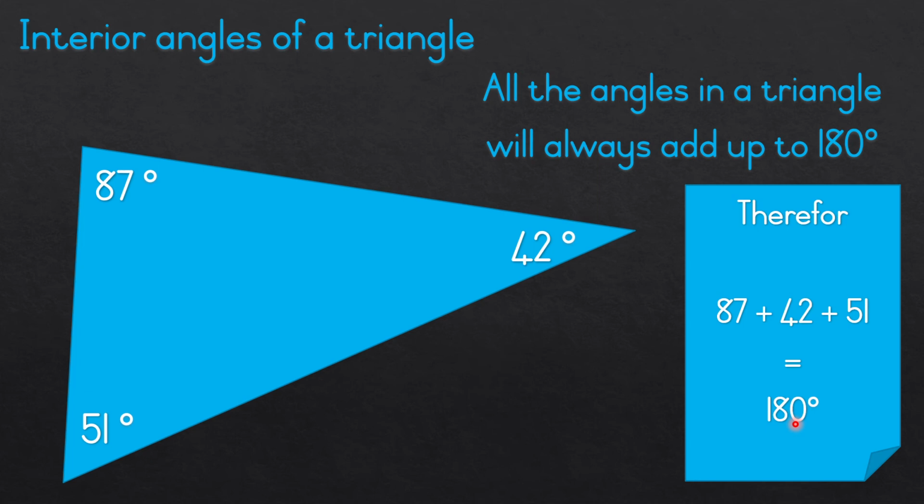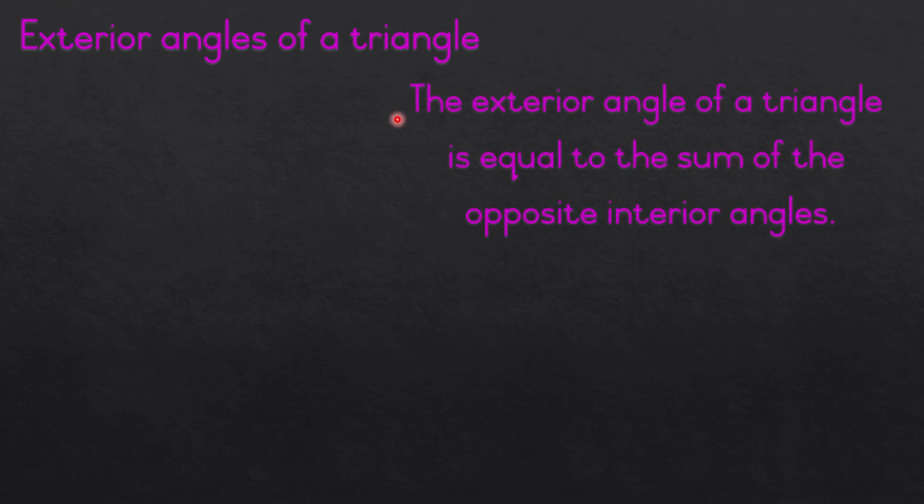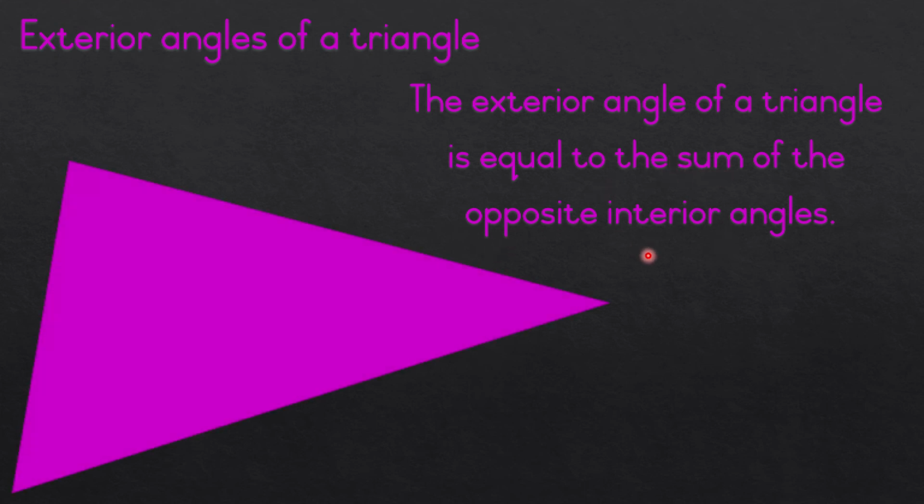The next one, if we don't look at interior, we look at the exterior angles of a triangle. The exterior angle of a triangle is equal to the sum of the opposite interior angles. This part is important: the sum of the opposite interior. So there's our triangle.